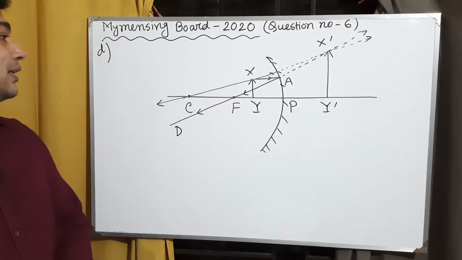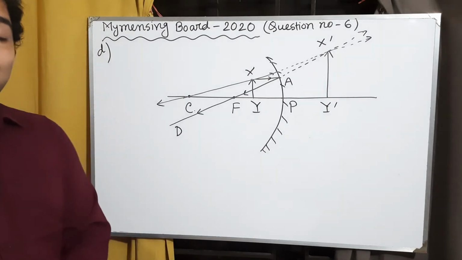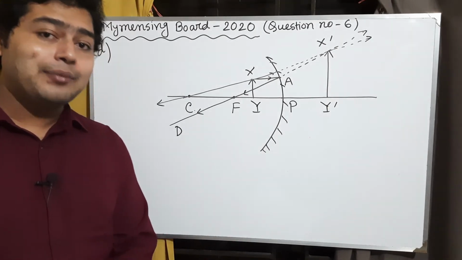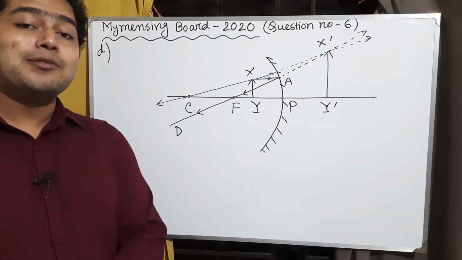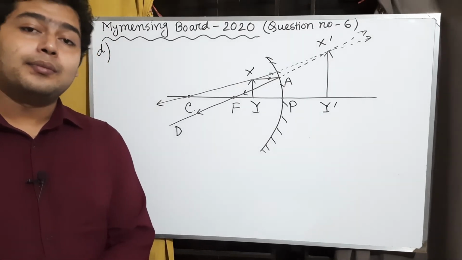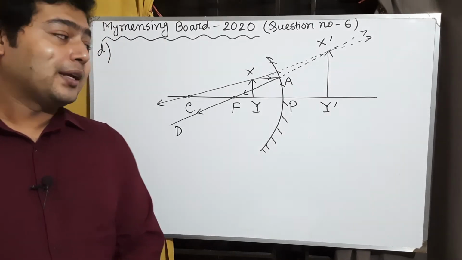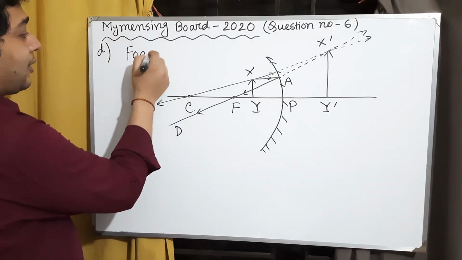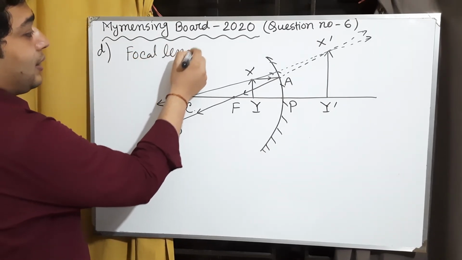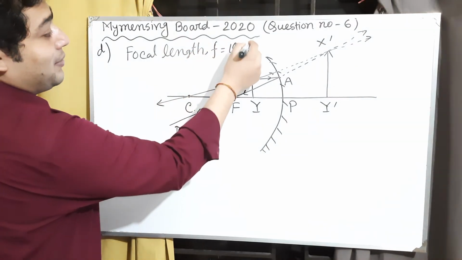In the stem we have given that the object is placed at 5 centimeter from the pole of the mirror, but our focal length f is 10 centimeter.